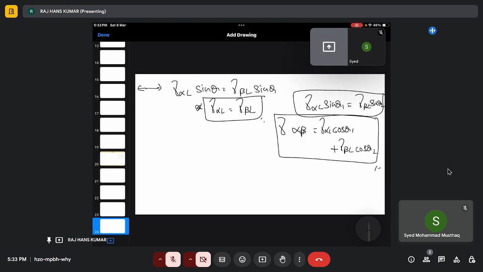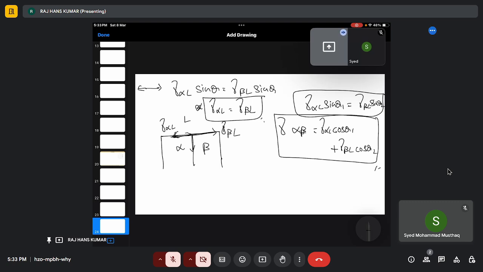But if we take a plane interface, this is my alpha, this is my beta, this is my gamma alpha, this is my liquid, and this is gamma beta.